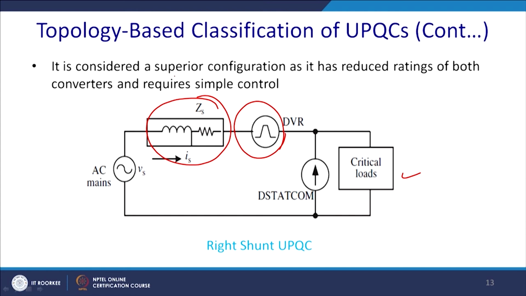So, it is considered the superior configuration as it reduces the rating of both converters and the control is quite simple, because you have already mitigated the voltage and thus you are getting a clean voltage, and then the STATCOM has to control only the issues related to the current.